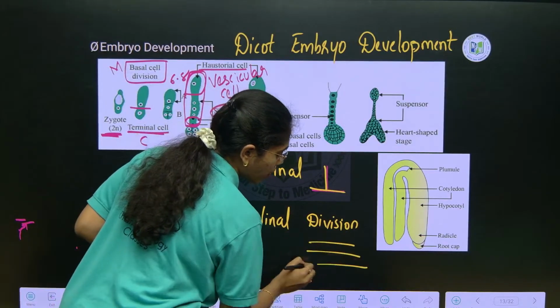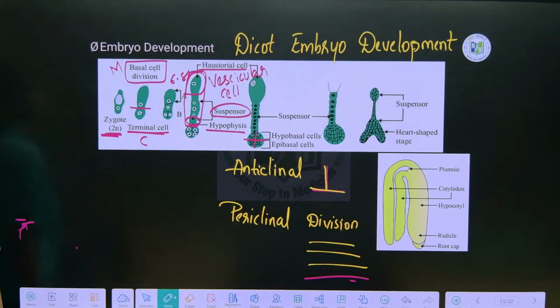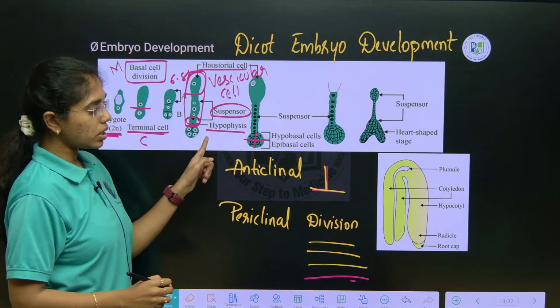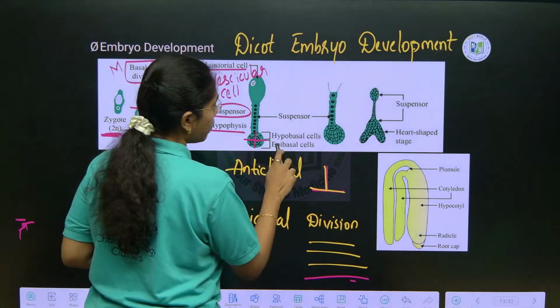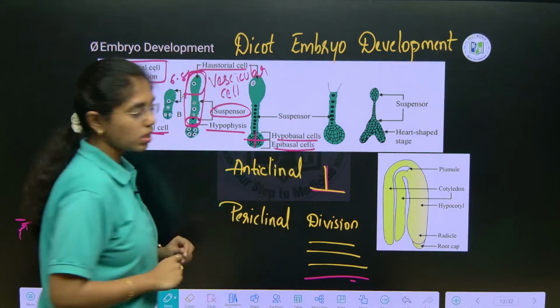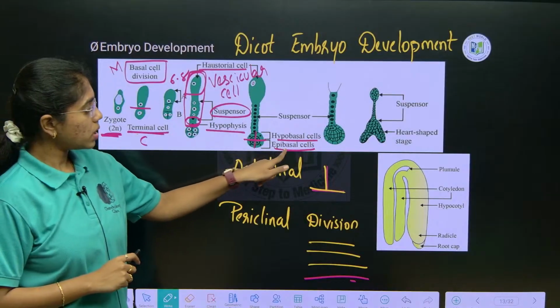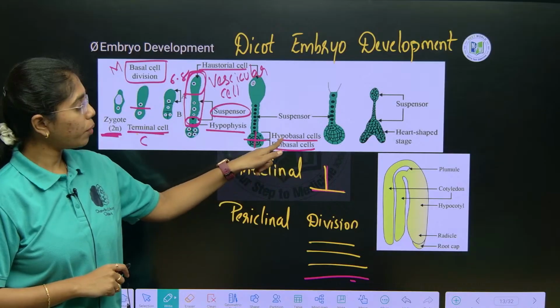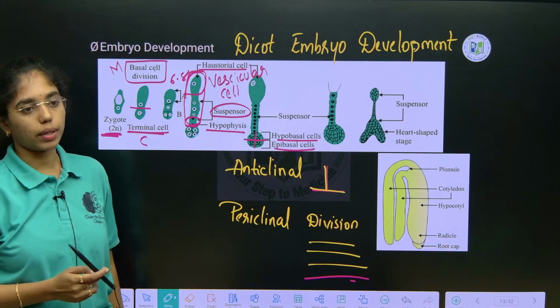Parallel divisions or transverse divisions are known as what? Periclinal divisions. These divisions of the terminal cell will result in epibasal cells and hypobasal cells. The epibasal cell will give rise to plumule and cotyledons. Hypobasal cells will give rise to hypocotyl.